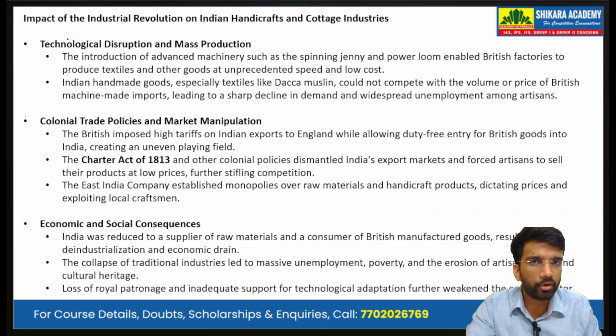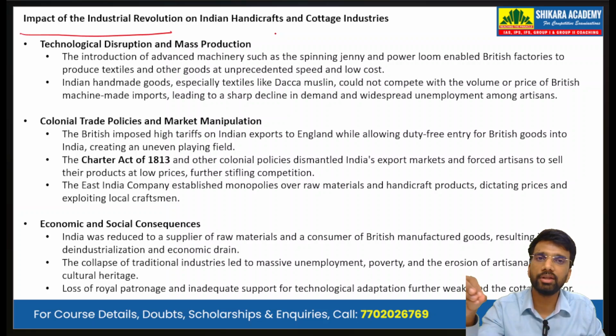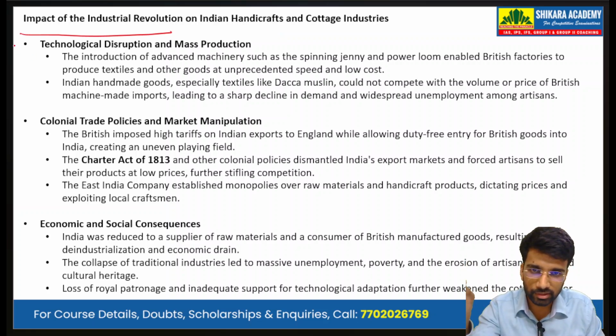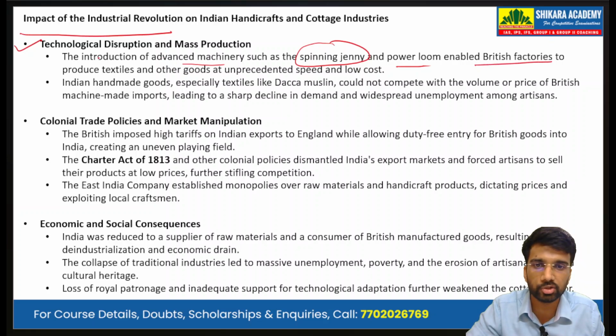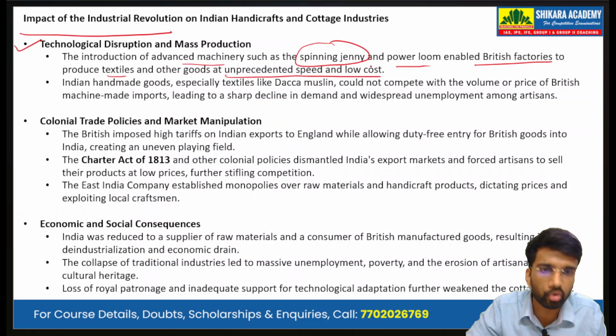Now, in the body, we mainly discuss the impact of the Industrial Revolution on Indian handicrafts and the cottage industries. First, there is technological disruption and mass production. The introduction of advanced machinery such as the spinning jenny and power loom enabled British factories to produce textiles and other goods at unprecedented speed and low cost.